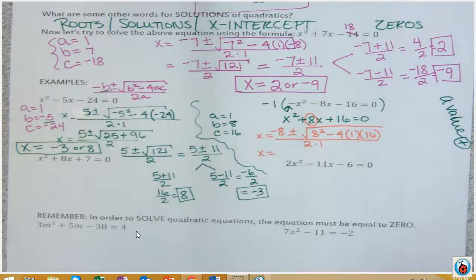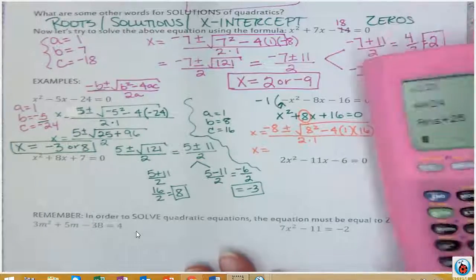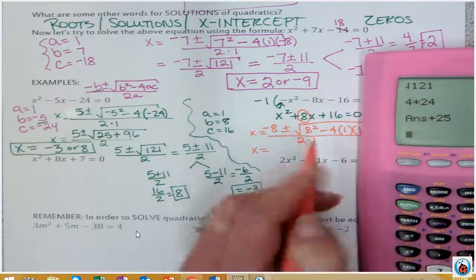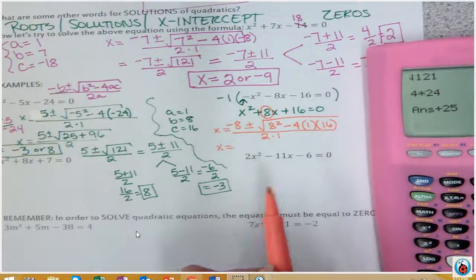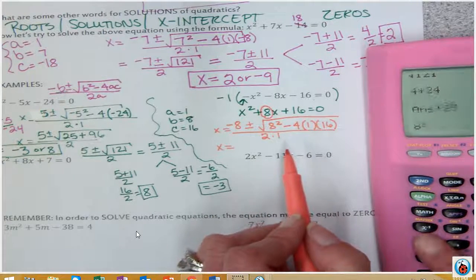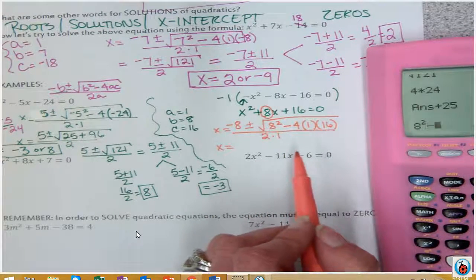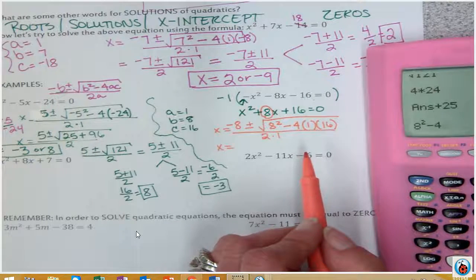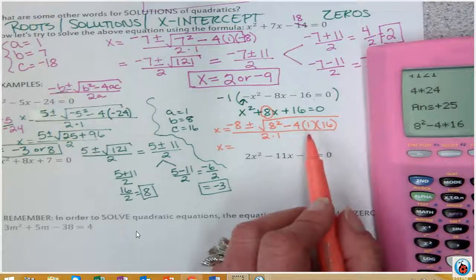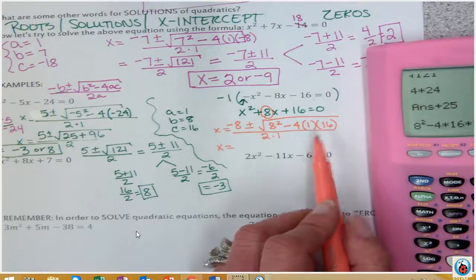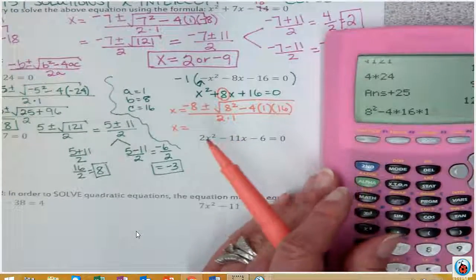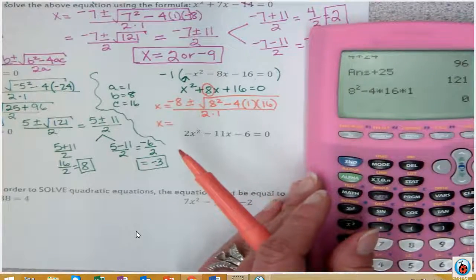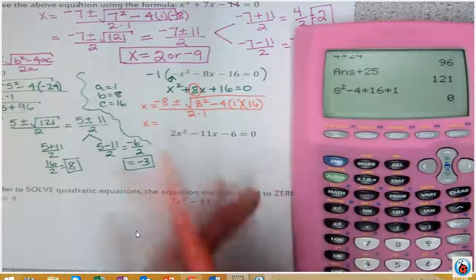So I get, if I'm just working on what's in my radical, in my discriminant, 8 squared minus 4 times 16 times 1, if you want to make it be perfectly accurate, and you're going to get 0.